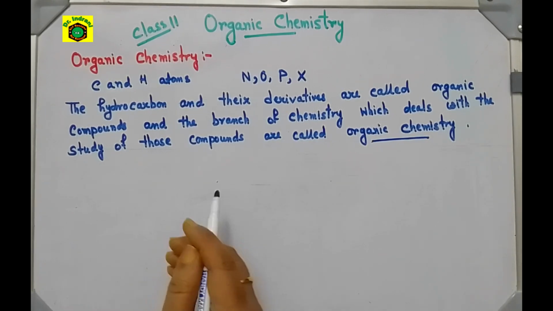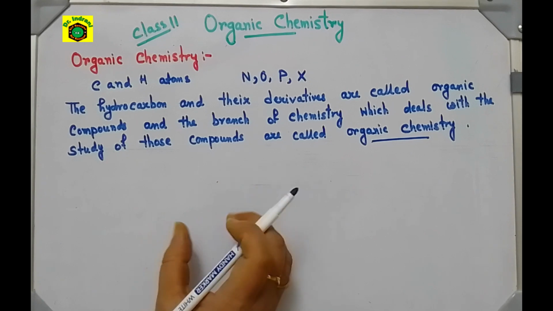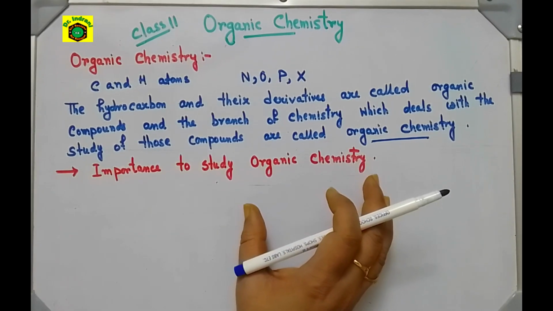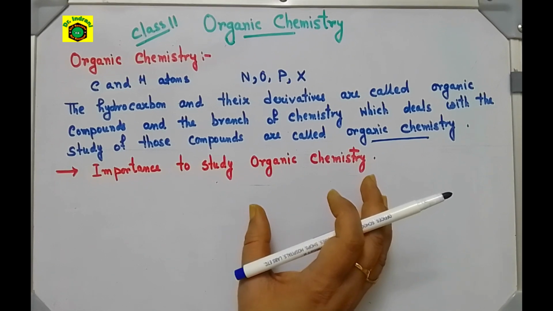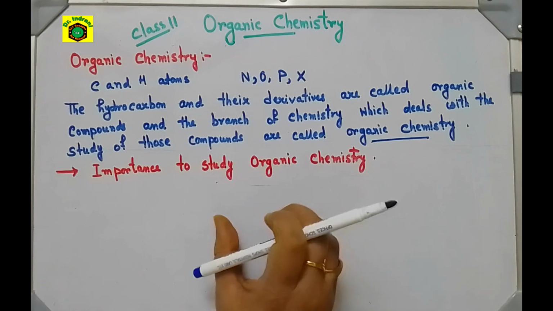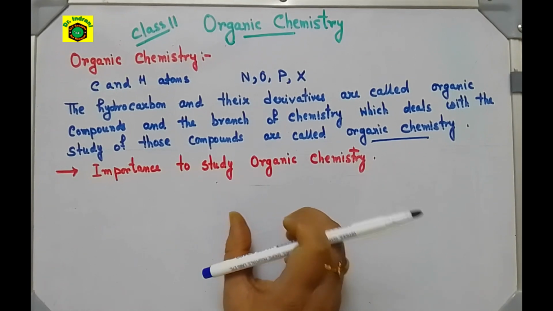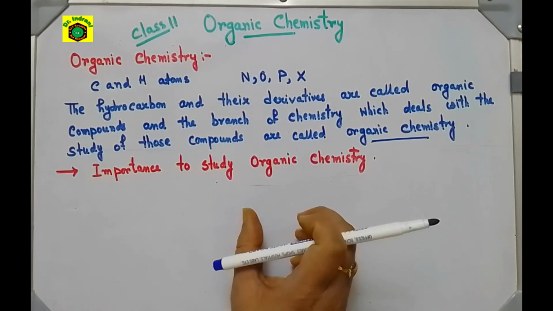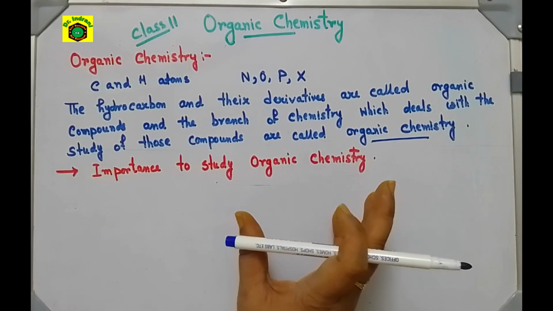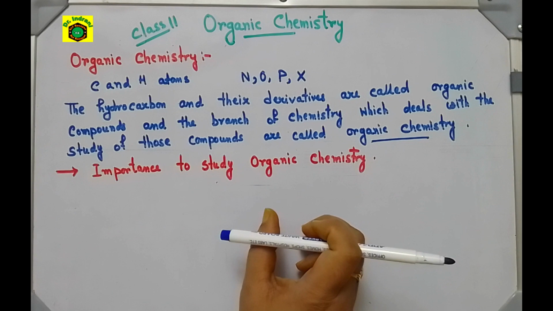Now we should know why it is important to study organic chemistry. Organic compounds are very useful in our everyday life. Our clothes, shoes, cosmetics, medicine, dyes, paints, etc. contain organic compounds. So we need to study about them.